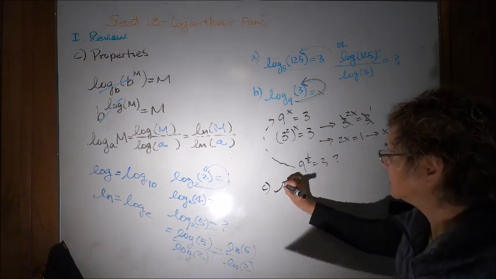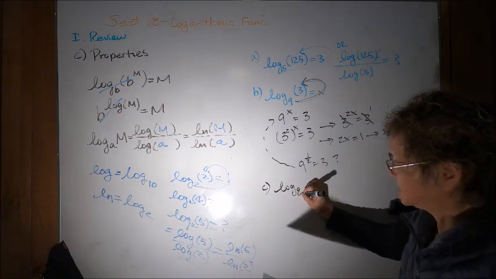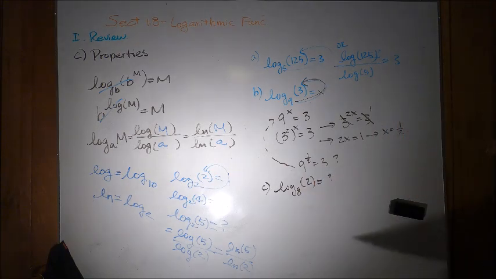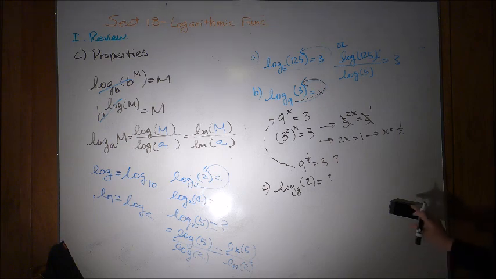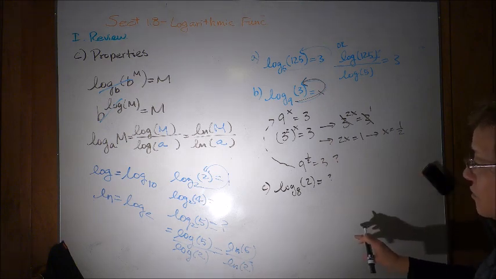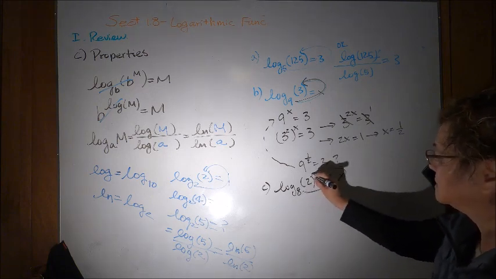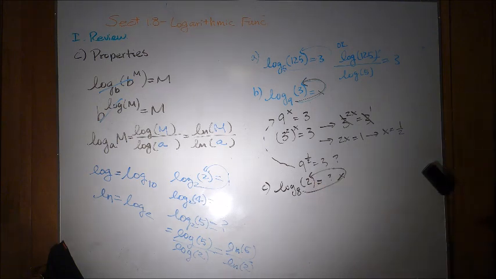Take a look at this. Log base a of 2. What kind of value would that be? So what can we do? You say, okay, this one is called x. Then I transform my log function into an exponential function.